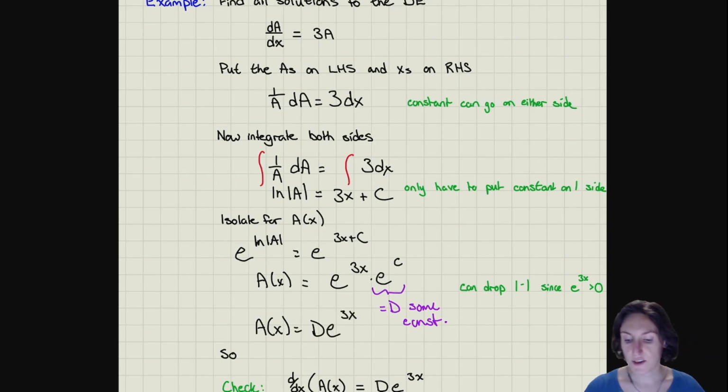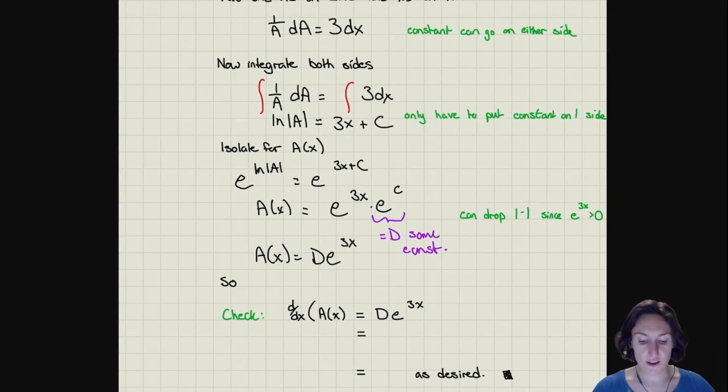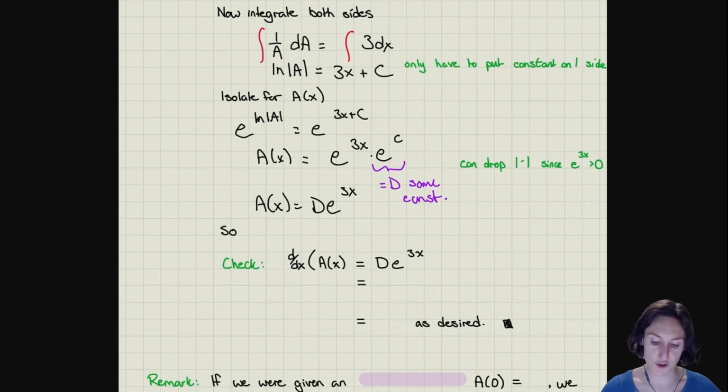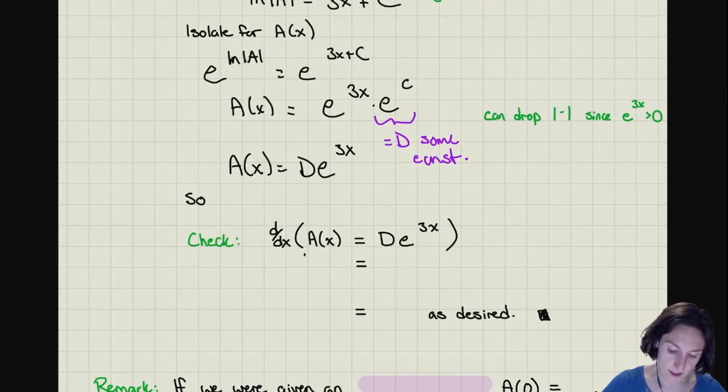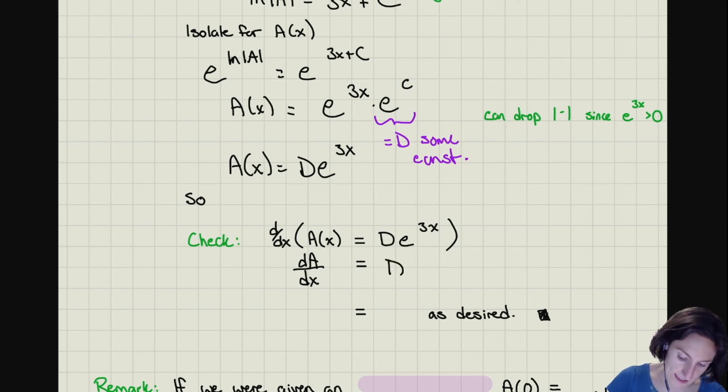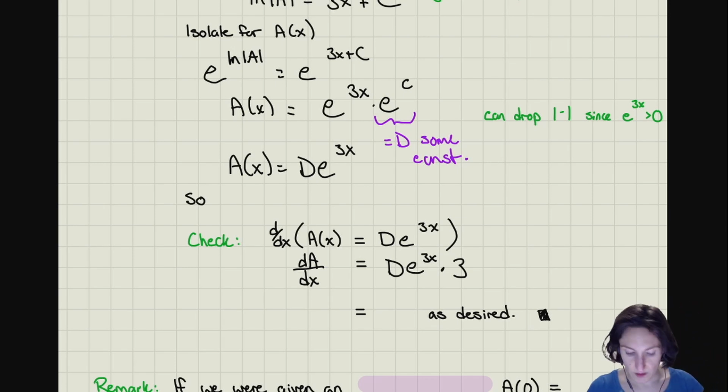Now, when we say that this function or this quantity satisfies the differential equation, what does that mean? How can I check if my solution's right? Well, if we take this differential equation here and go d dx of both sides, we're going to get dA dx on the left, and then I'm going to get d e to the 3x, and by chain rule, I'm going to have an extra times 3 there.